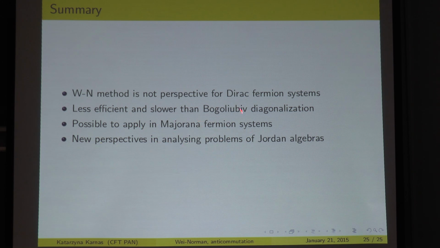Majorana fermion systems are slightly better when it comes to applying the Wei-Norman method. And probably the most promising problems are Jordan algebra systems, if they have any application to physics.